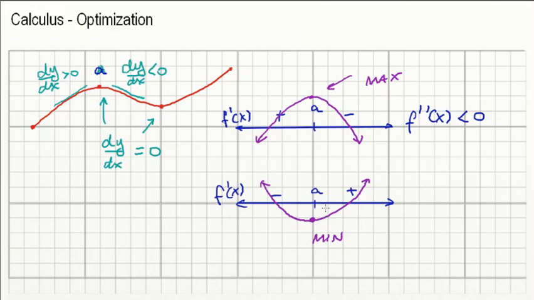If you take the second derivative of some parabola which is concave upwards, or any segment which is concave upwards, that will mean that the second derivative will be greater than 0. And therefore, if your derivative is 0 and your second derivative is less than 0, then it's a maximum point. If your derivative is 0 and your second derivative is larger than 0, then it's a minimum point.